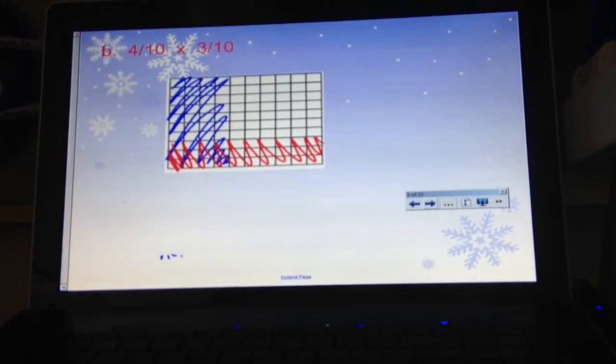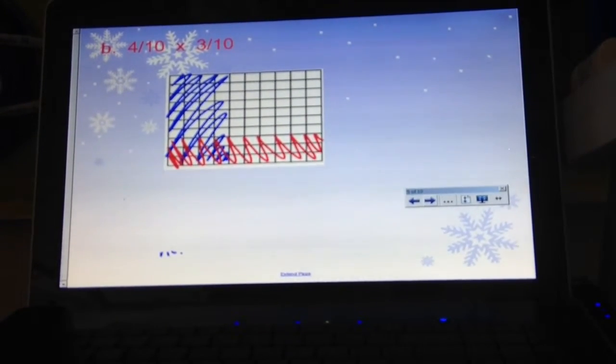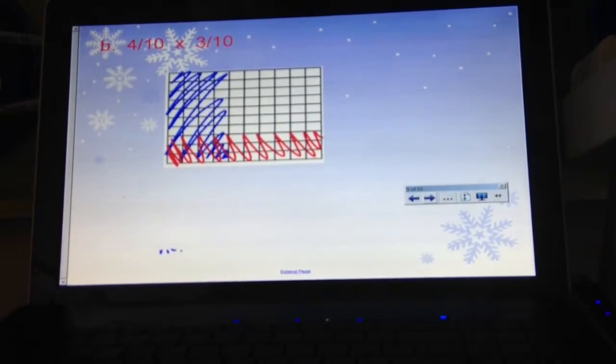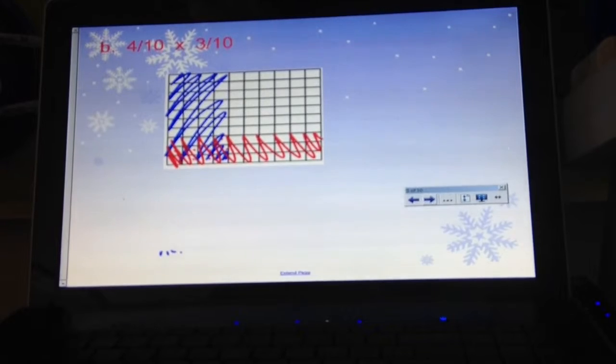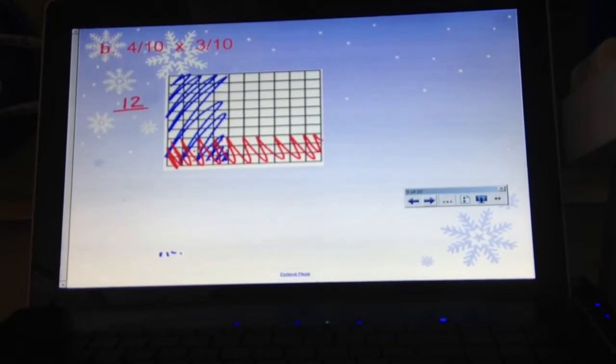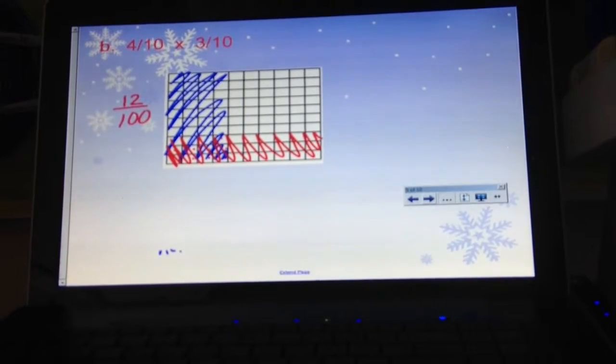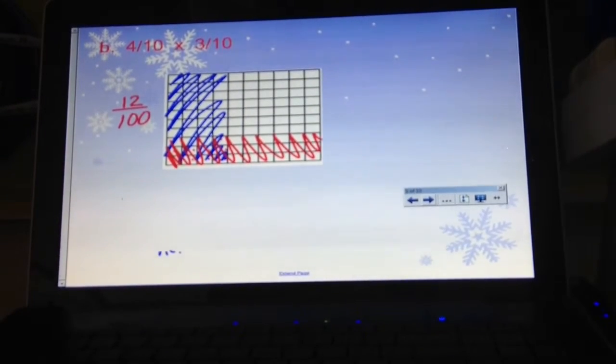If I count the sections that are overlapping, I have 1, 2, 3, 4, 5, 6, 7, 8, 9, 10, 11, 12 that are overlapping out of the whole 100 square. So I have 12 hundredths when I think of a fraction answer.